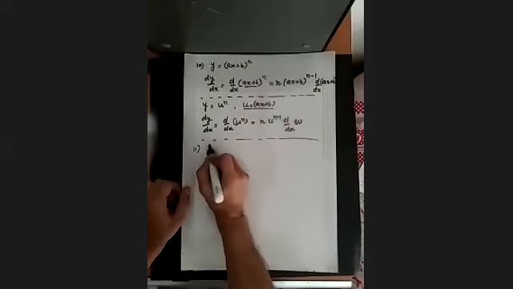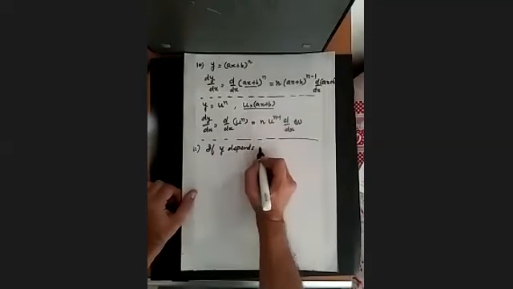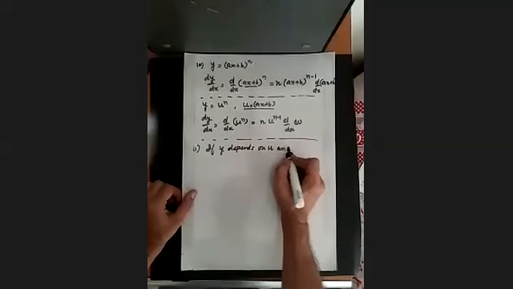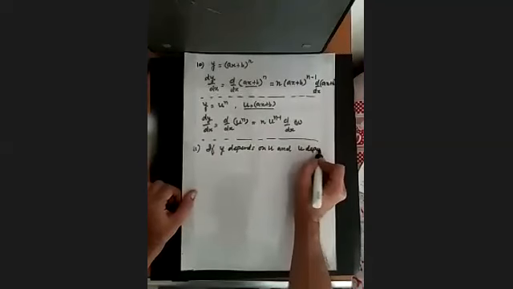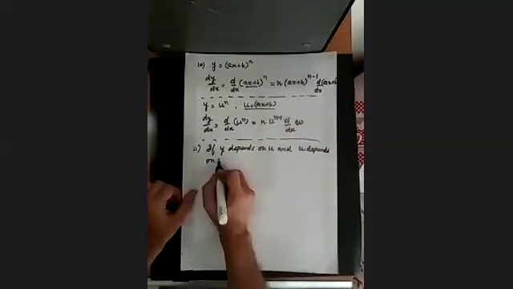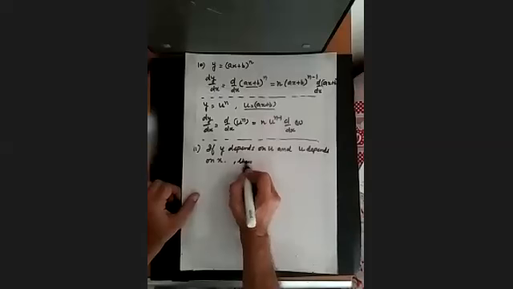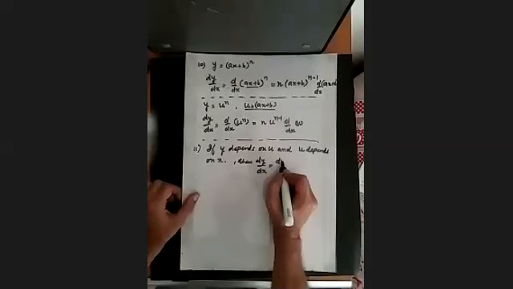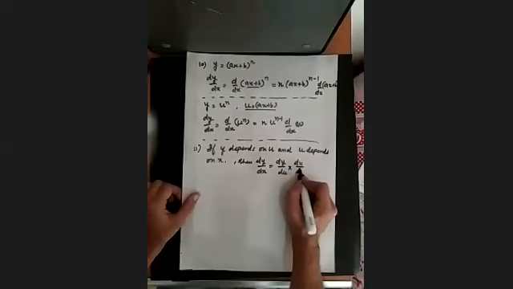And the same thing that we have discussed, in a different way: if y depends on u and u depends on x, so this is what we have been talking about, then dy by dx is given by dy by du multiplied by du by dx.